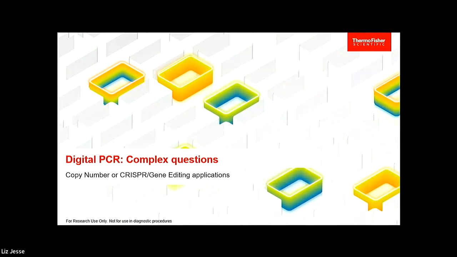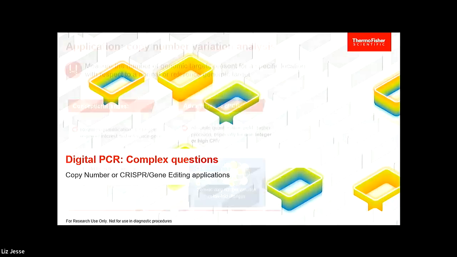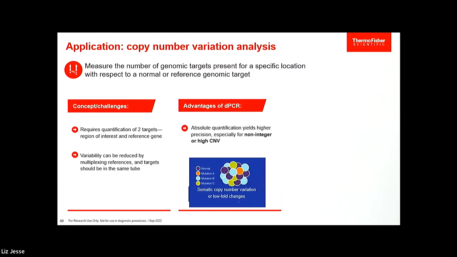All right, another complex question. So copy number is a very common use for digital PCR, especially if you have a low expression or a low copy number. Also gene editing, which Dustin will speak to later. So the advantages of digital PCR is you're going to get that accurate count of your copy.